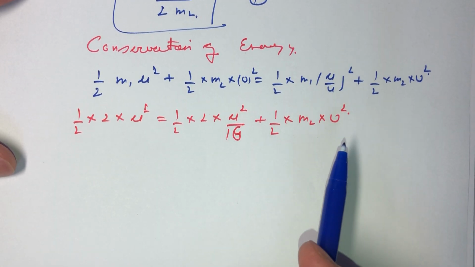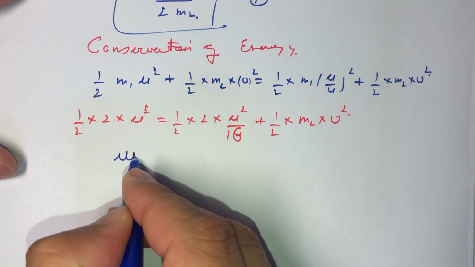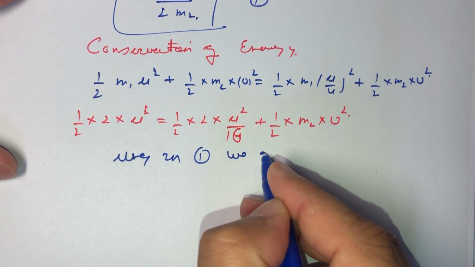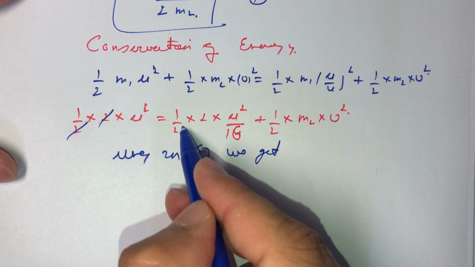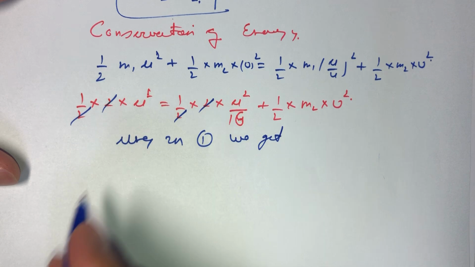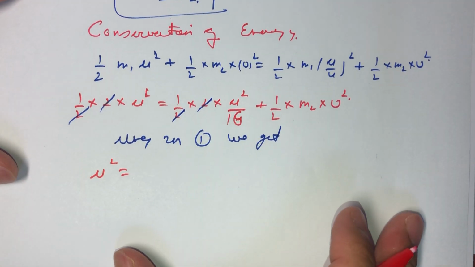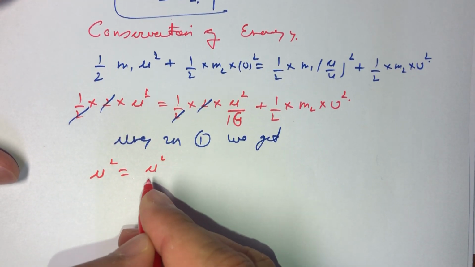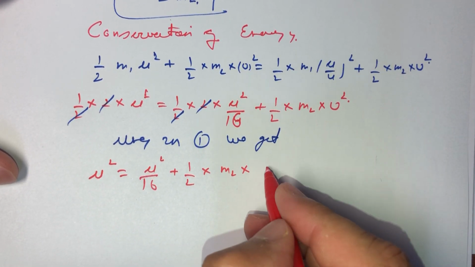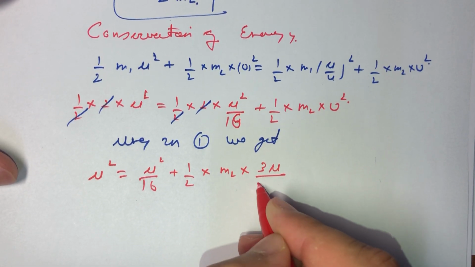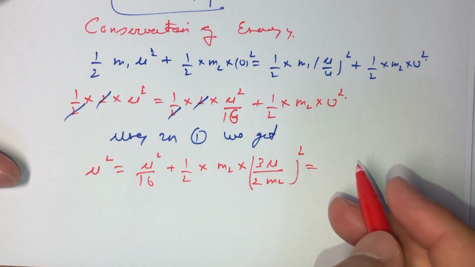Now we can also use equation 1 to substitute the value of v. So using equation 1, we get, here 2 cancels out with 2, and this 2 and this 2 also go, so we are left with u square is equal to u square upon 16 plus half into m2, and v square is our 3u divided by 2m2 whole square.